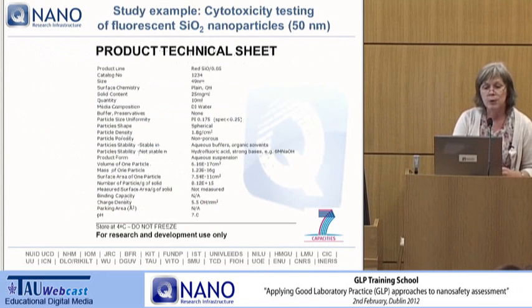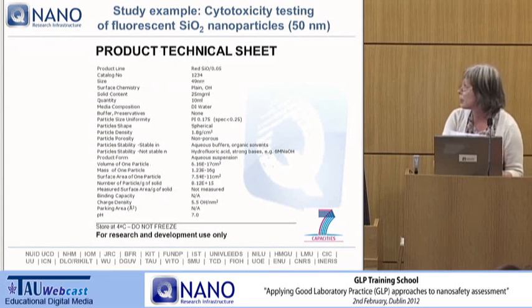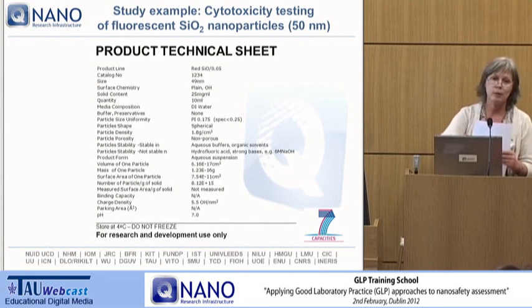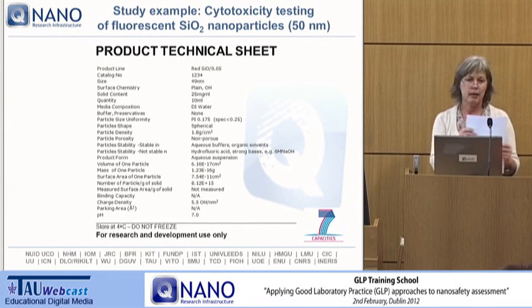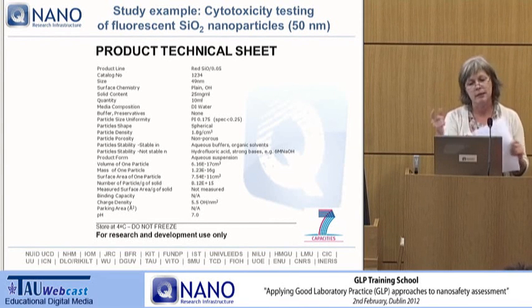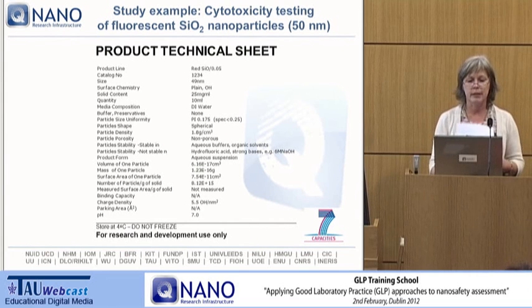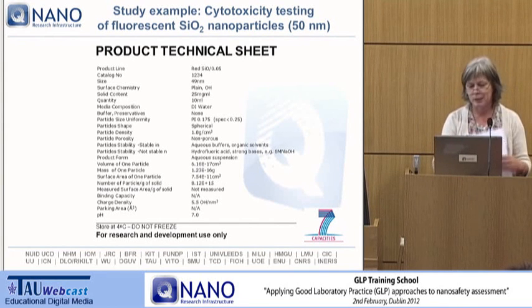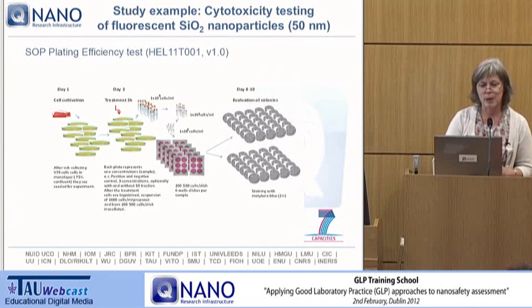You can also see the product technical sheet. There is one mistake here: the study plan is for 25 nanometer size, and the product technical sheet is for 50 nanometers, but we have the correct one in our laboratory.